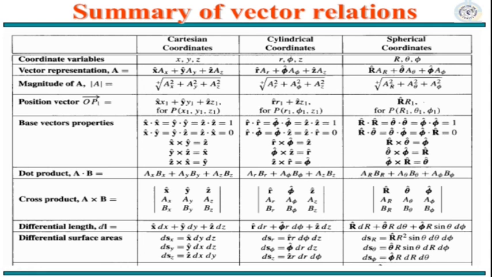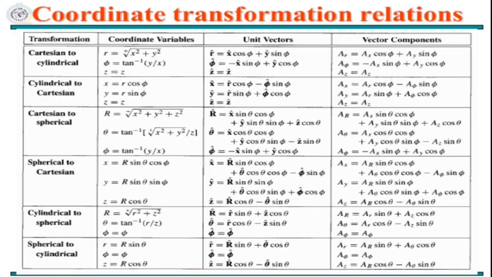Now, having understood each of these coordinate systems individually, one may ask, is it possible to transform a parameter in a specific coordinate system to another kind of coordinate system? Well, the answer is yes, it can be done. The table that you can see right now is a summary of all the transformation relationships from one coordinate system to another.